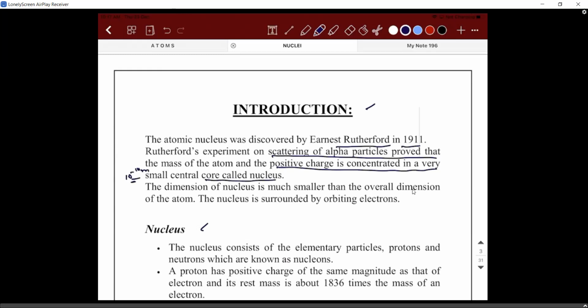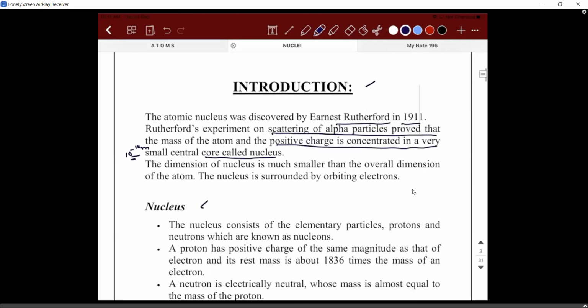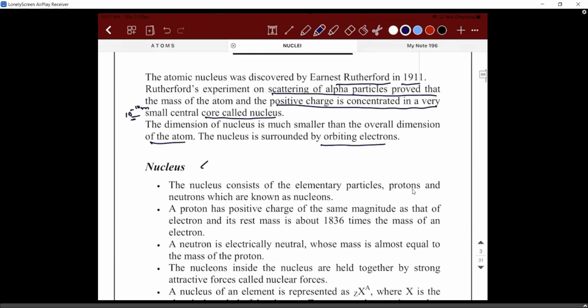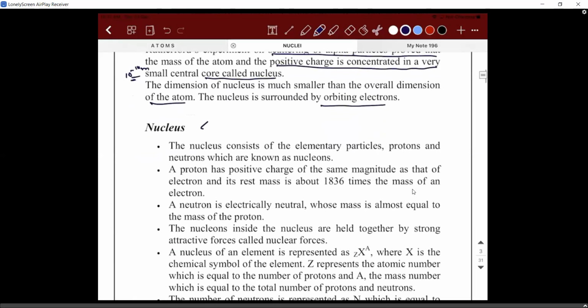The dimension of the nucleus is much smaller than the overall dimension of the atom, obviously, because the nucleus is inside the atom. The nucleus is surrounded by orbiting electrons. In the previous chapter, we discussed what happens when an electron jumps from one orbit to another. Here we are concerned only with what is happening inside a nucleus. Nothing else will be bothered about.